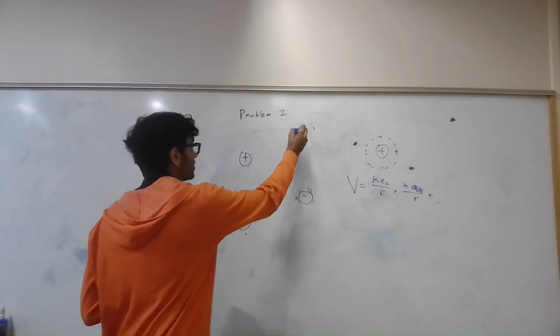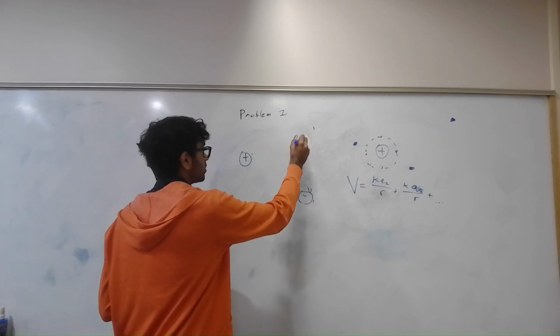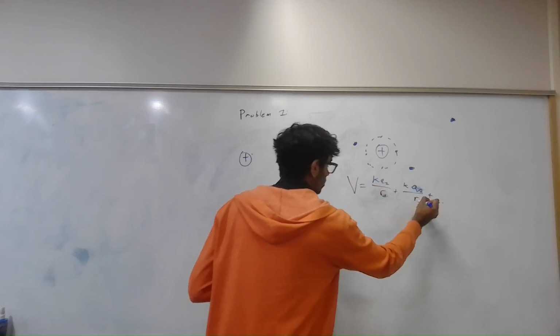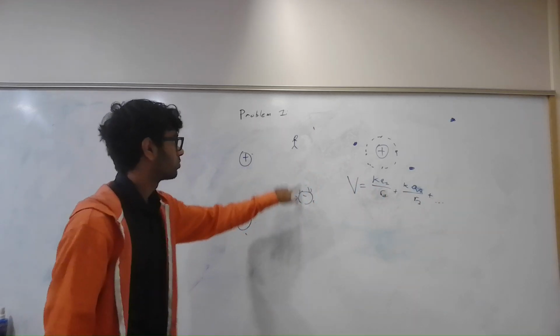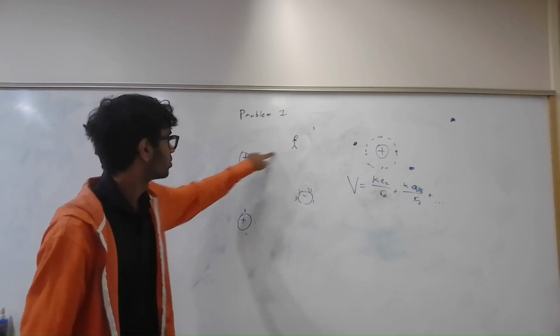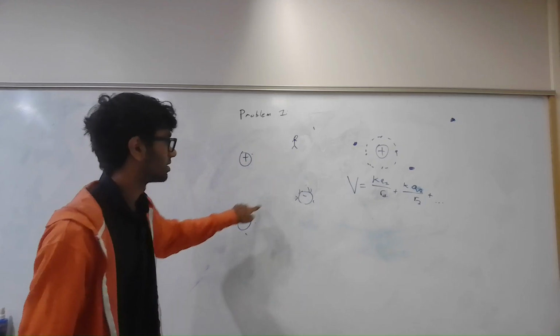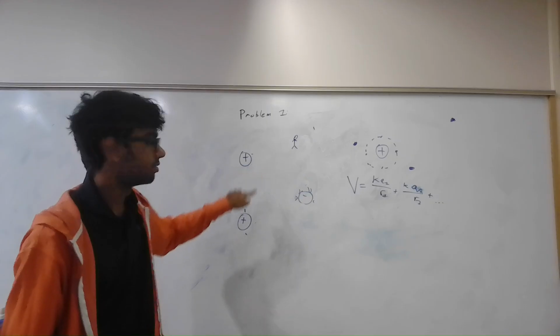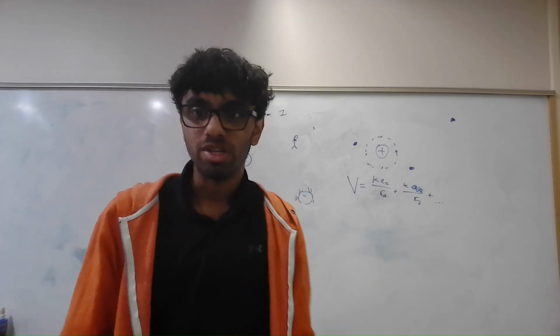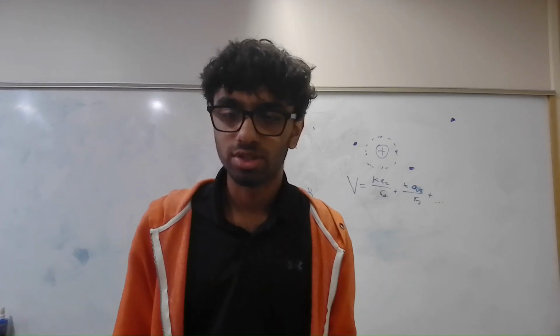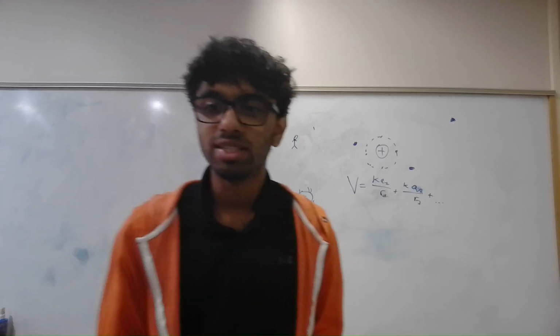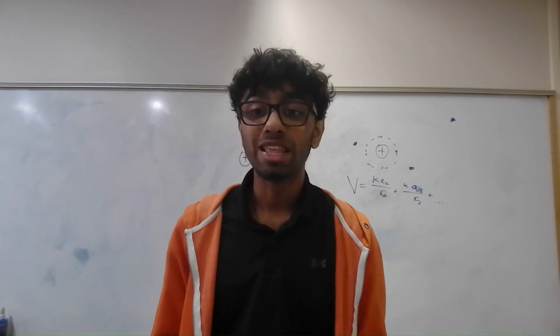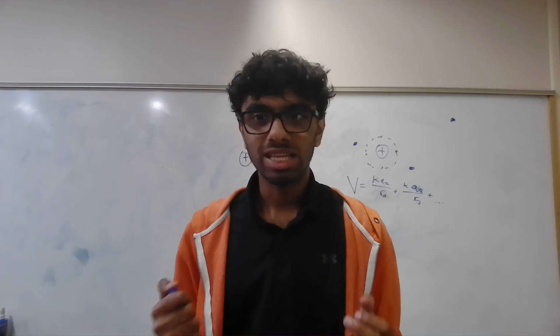So say I'm standing right here. R1, R2. If this is charge 1, then R1 is that distance, R2 is this distance, and R3 is this distance. This is Q1, this is Q2, this is Q3. We just add up all their individual contributions. The reason why gets a little mathematically deeper, but it makes sense, right?